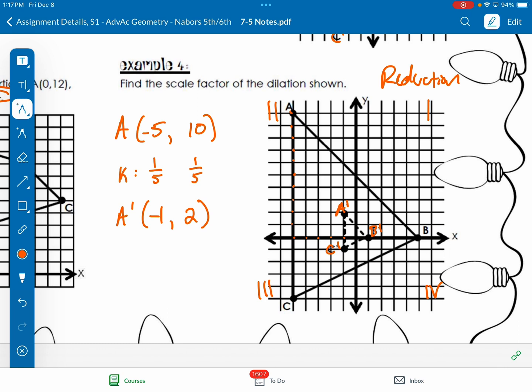I don't think that gives you the scale factor. But like, from B to C of the image, it's down 1 and then 2. They have the same slope though. So that doesn't tell me the scale factor.